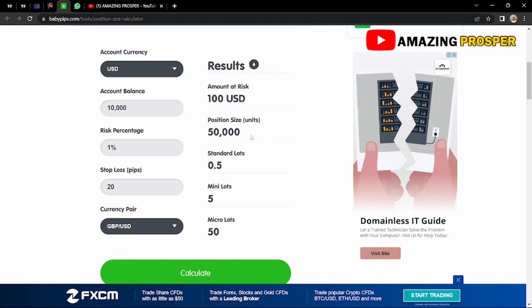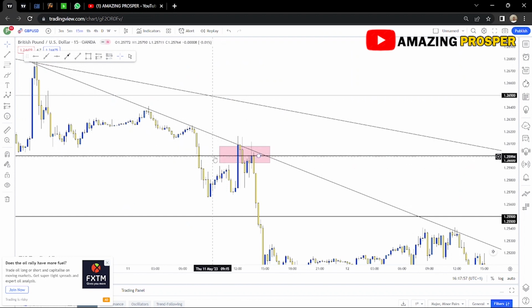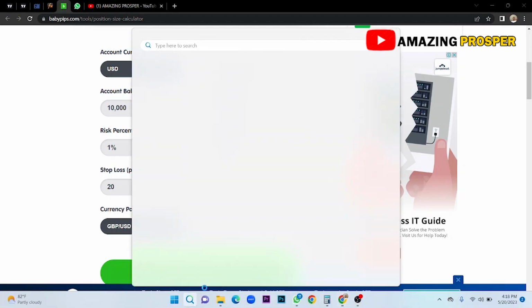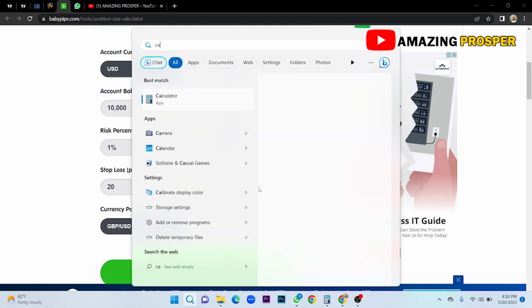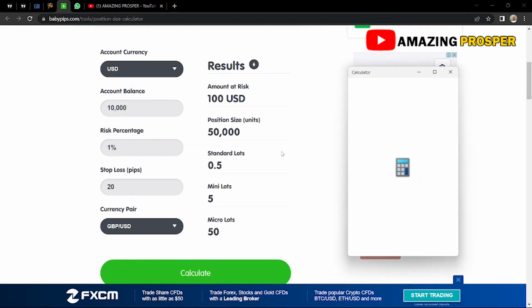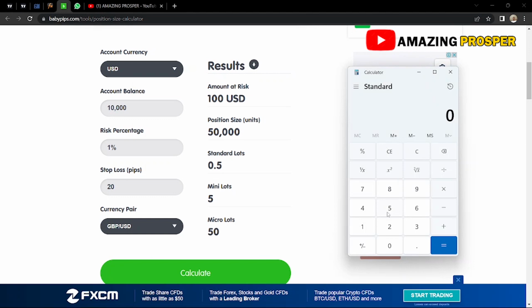At this current market right here now, I want to risk 1% of my account, and what I'm going to be using is 0.05 standard lot. I will divide it by 3, or sometimes if I want to be aggressive, I will divide it by 3.